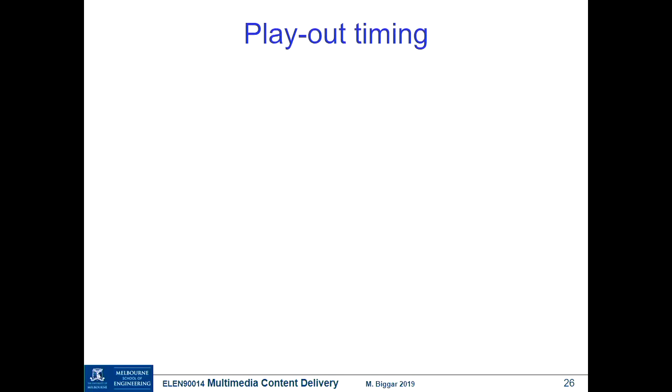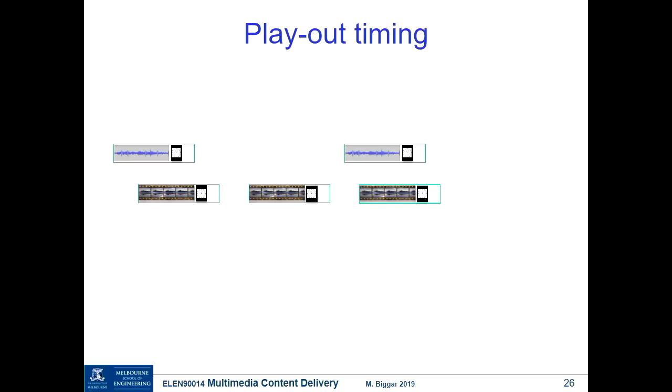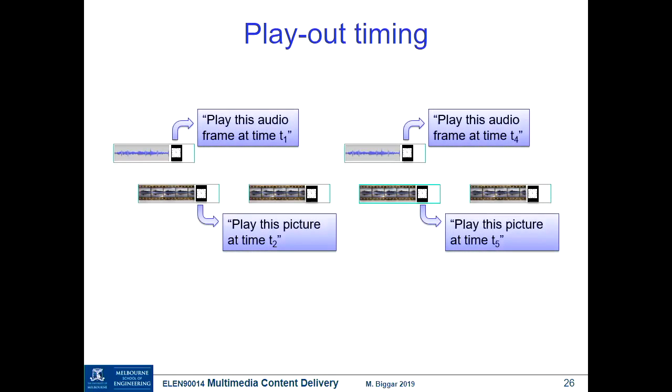So now we have this combination: we're sending our media over our network somehow. When I say somehow, whatever the network is, but included there are these timestamps that say at what instant the audio and video should be played out.